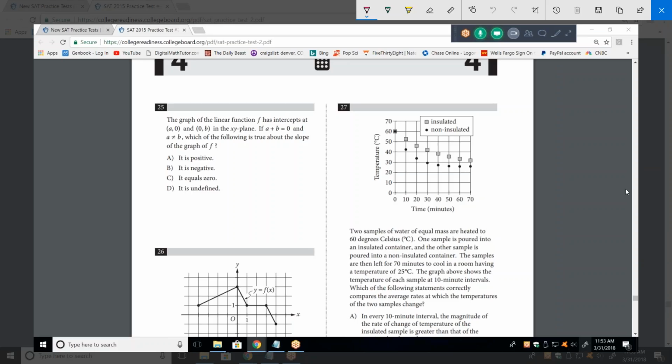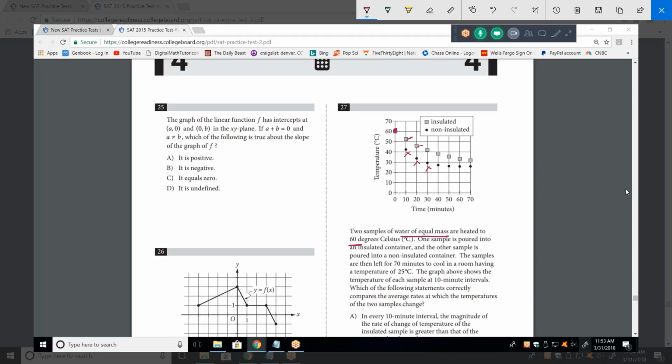2 samples of water of equal mass are heated to 60. That's this point right there. 1 sample is poured into an insulated container. The other is poured into a non-insulated container. Well, these are the insulated containers. These are the non-insulated containers.